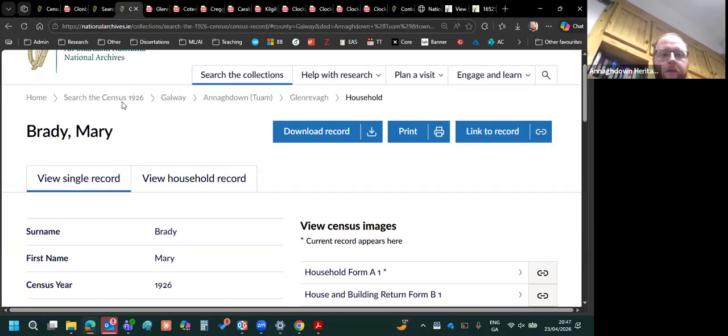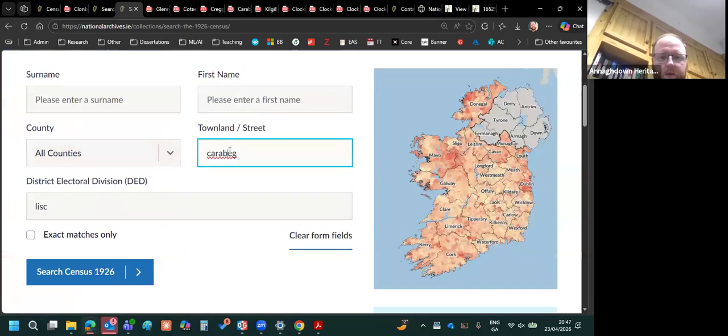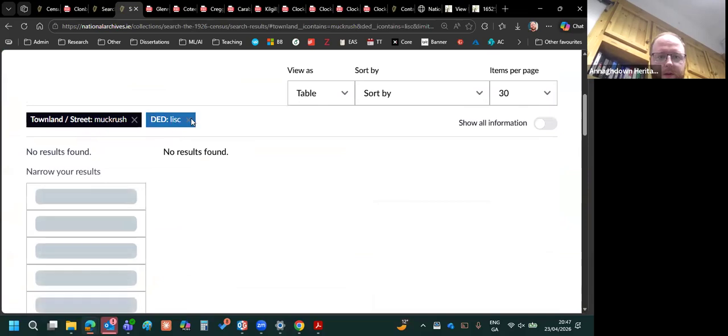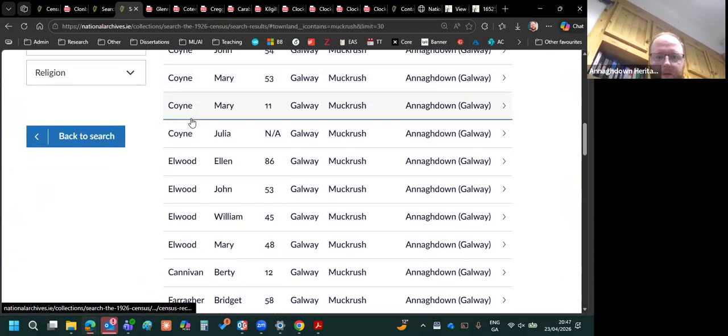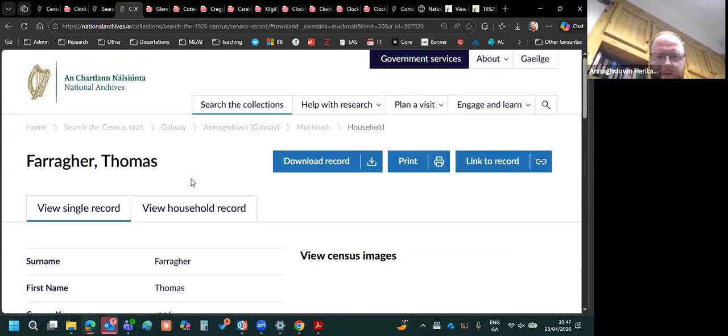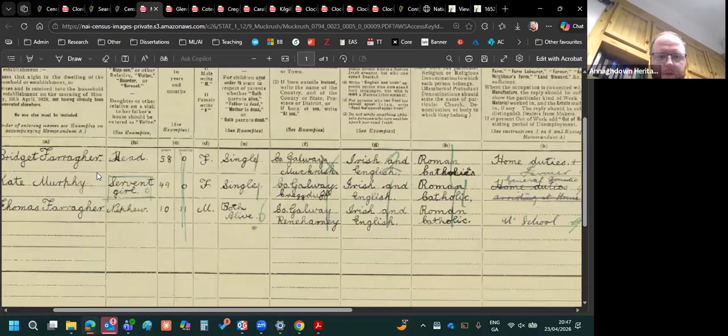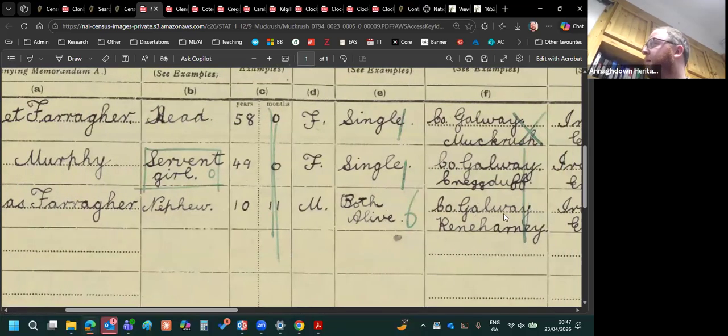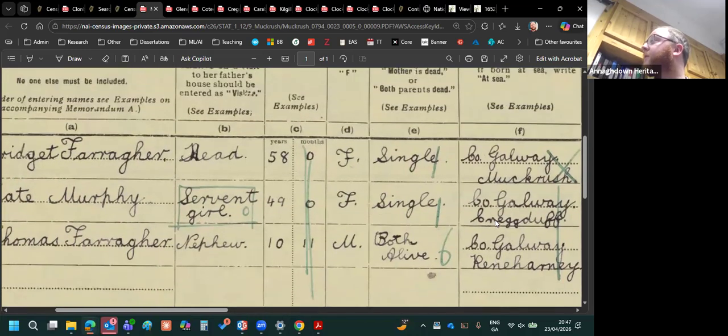So we have one in Muckridge actually. What's going on here? This is my grandfather here, Thomas Farrer. He was 10, says he was born in Rinnaharnia, which is correct. This is in Muckridge.